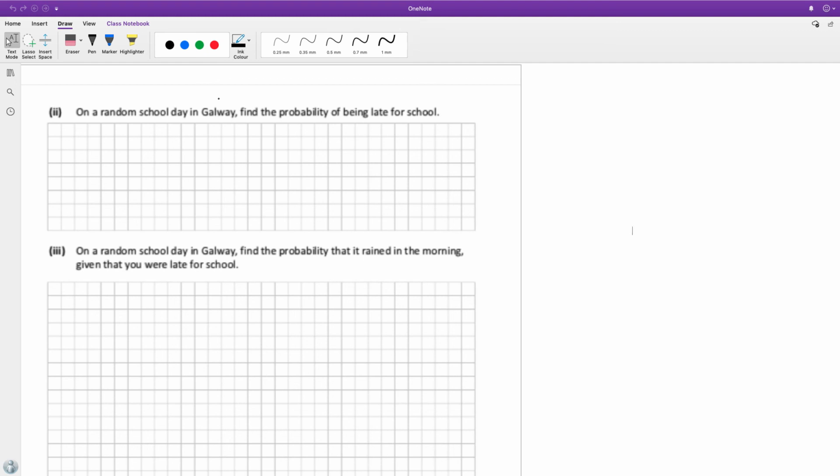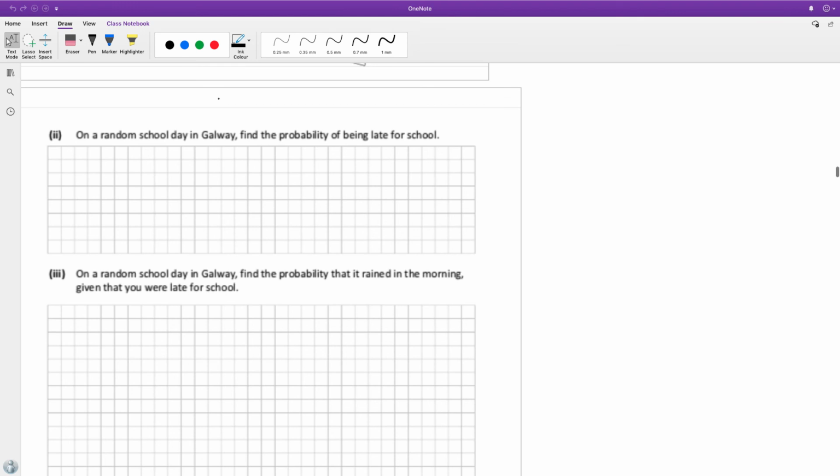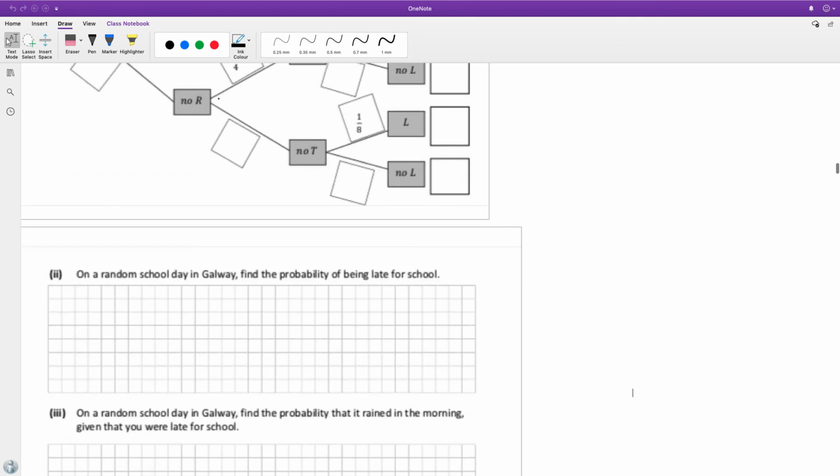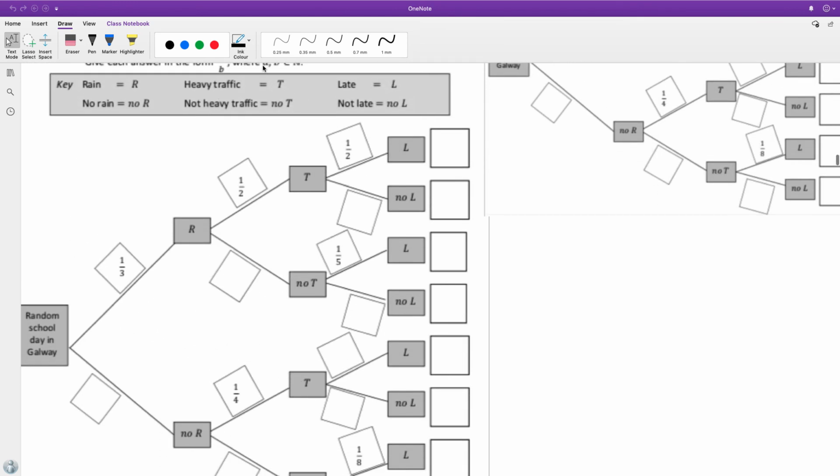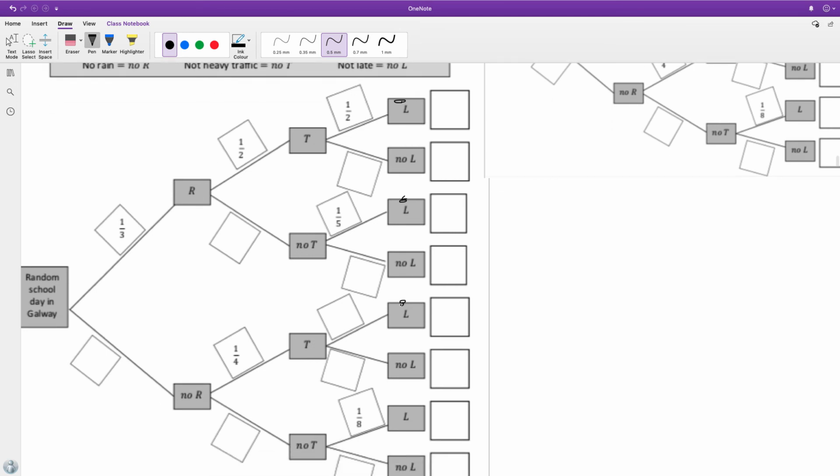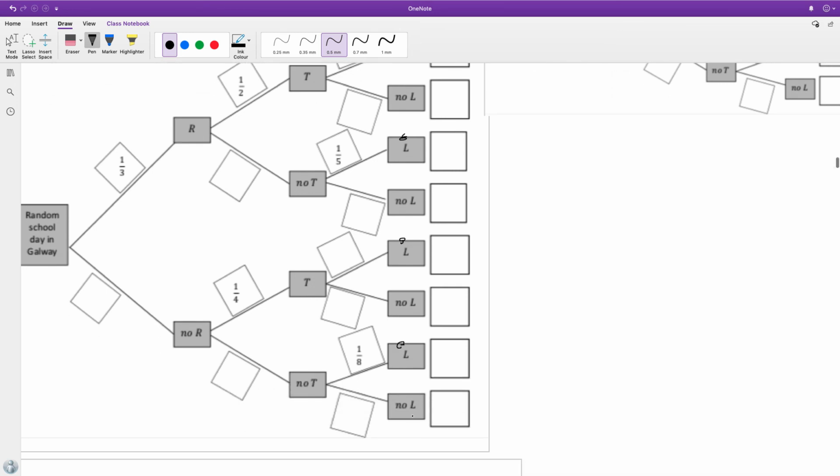How many probabilities have we where we're late? We have 4. You have this one here, you have this one here, you're late. This one here you're late, and that one there you're late. 4 times you're late.